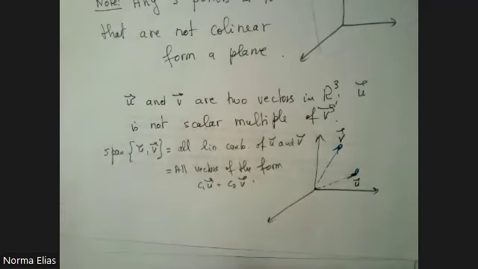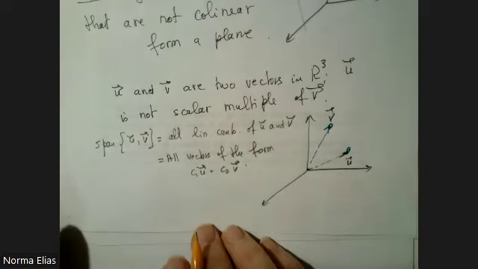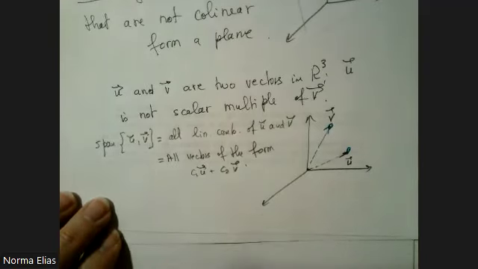Every vector that I can obtain this way. So now, a little bit geometrically, what is going to be the span of U and V?